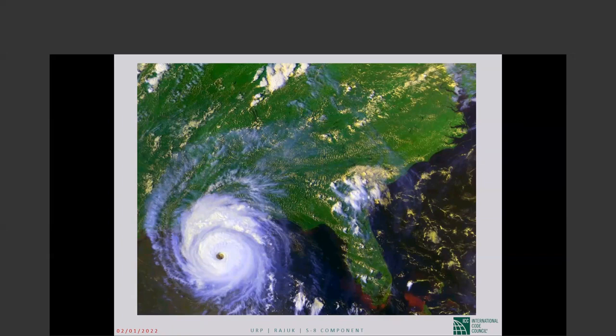Unlike tornadoes that come and go, a hurricane can just sit there for days, or move extremely slowly, and as a result, a huge area can be affected by a hurricane or a cyclone.